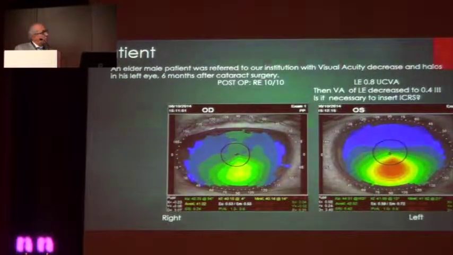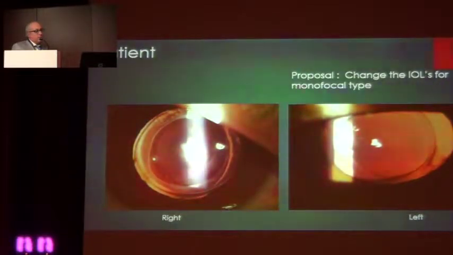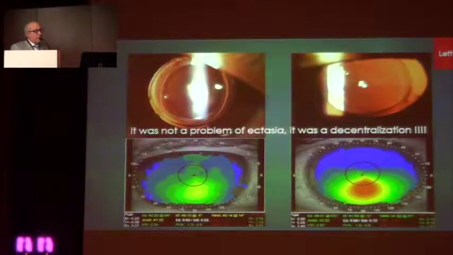Then the visual acuity was reduced to 0.4 and he was referred to me to insert an intracorneal lens. The problem was that the IOL was not centered. It's the only problem. Changing the IOL for monofocal types is not a problem for ectasia. It was a decentration.